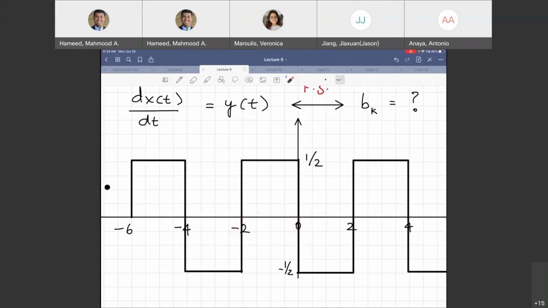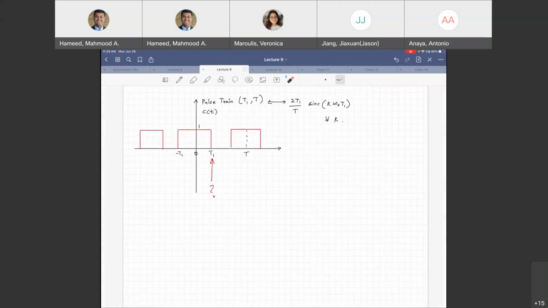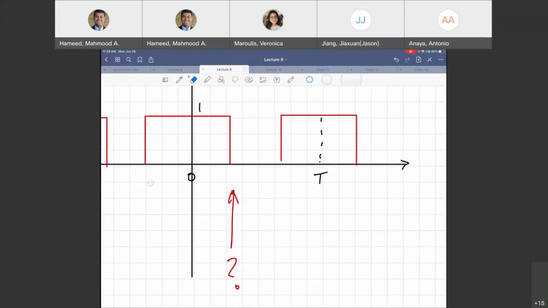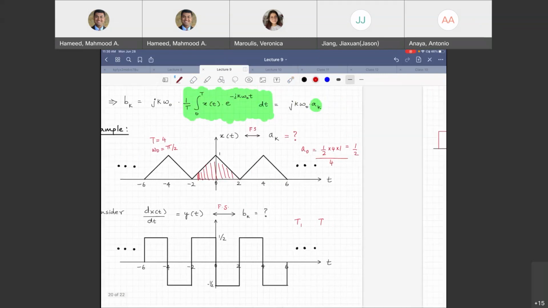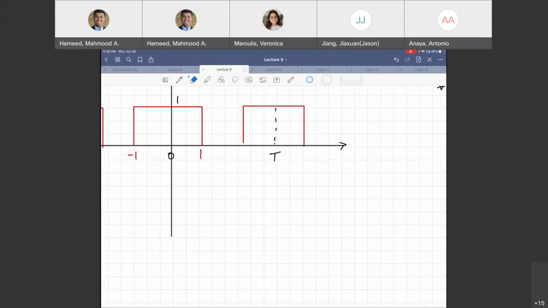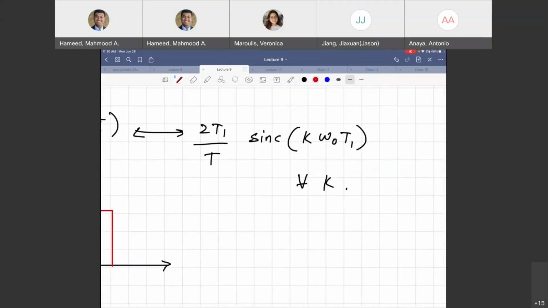Do you see that? So let's try to pick t1 as 1. Got 1 here, -1 here, and so on. How about T? That should just be 4, right? Time period is still 4. So this is just 4. If you substituted t1 as 1, T as 4, what do you get?